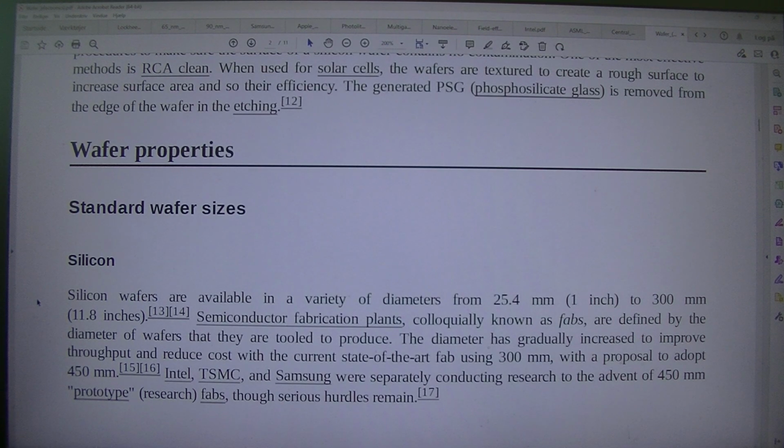The diameter has gradually increased to improve throughput and reduce cost with the current state-of-the-art fab using 300 mm, with a proposal to adopt 450 mm. Intel, TSMC, and Samsung were separately conducting research into the advent of 450 mm prototype research fabs, though serious hurdles remain.